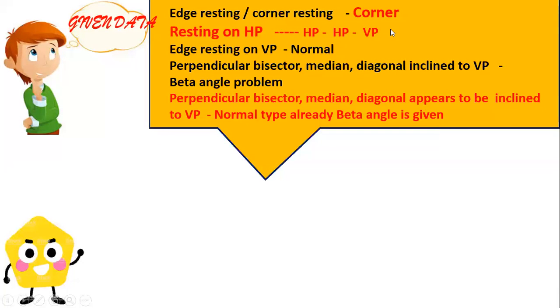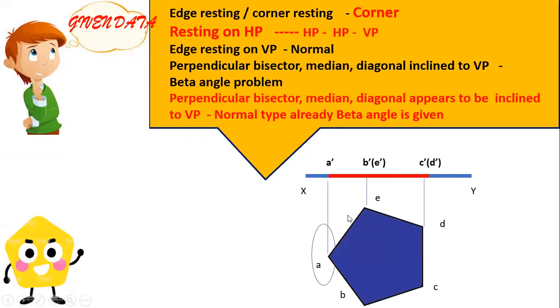So in this problem, it is a pentagonal lamina resting on HP on one of its corners, and the perpendicular bisector appears to be inclined to VP. That means the beta angle is already given.